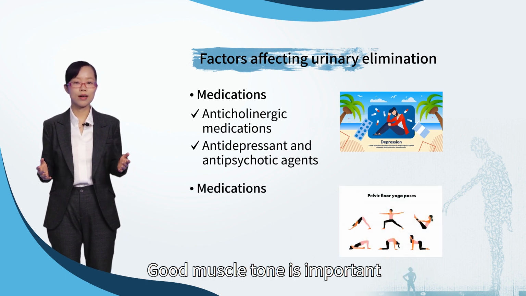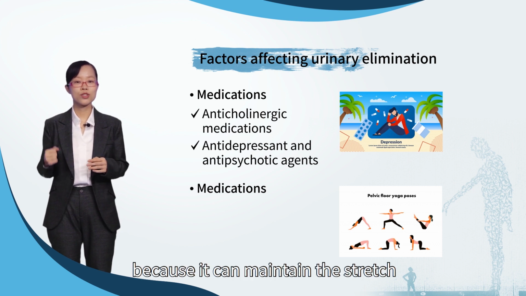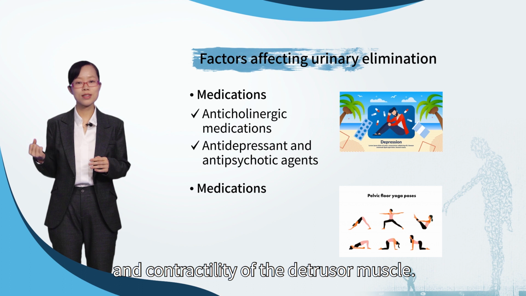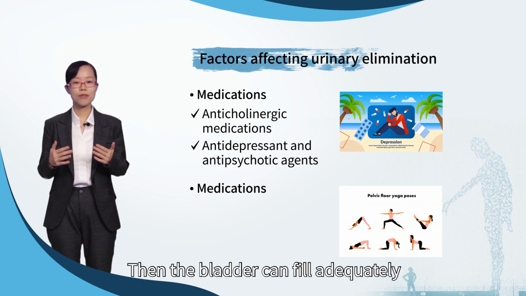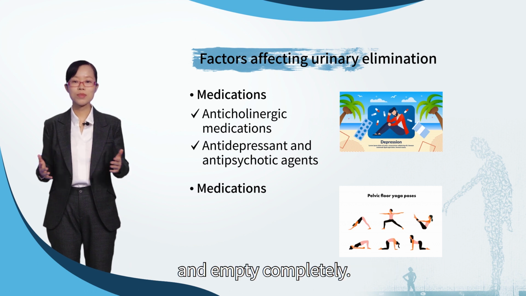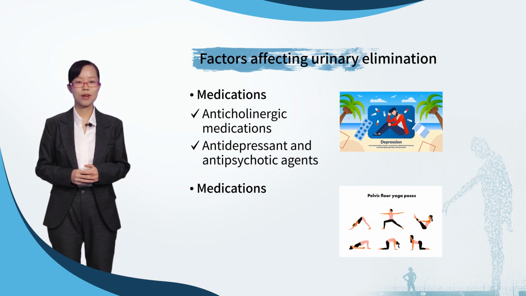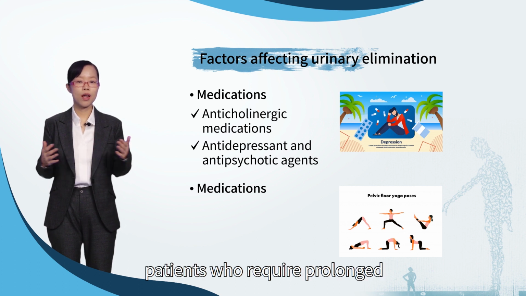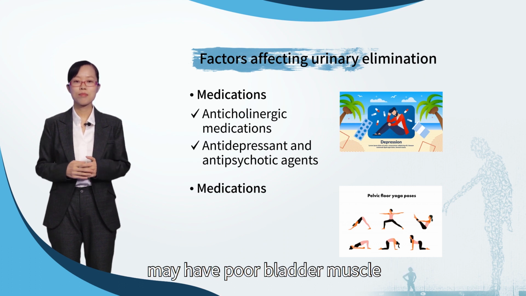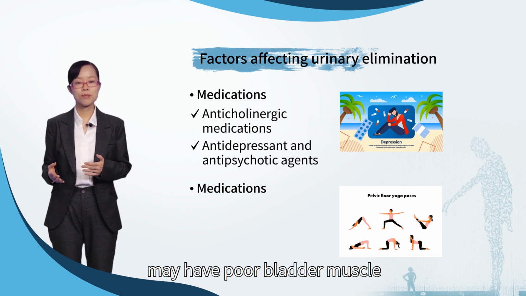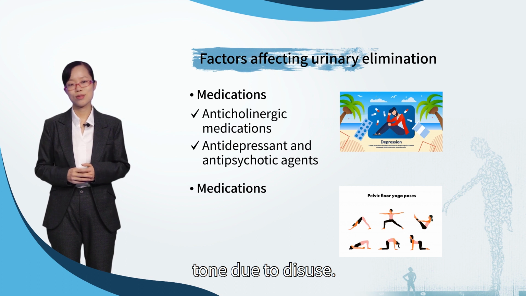Good muscle tone is important because it can maintain the stretch and contractility of the detrusor muscle. Then the bladder can fill adequately and empty completely. For instance, patients who require prolonged catheterization for continuous drainage may have poor bladder muscle tone due to disuse.